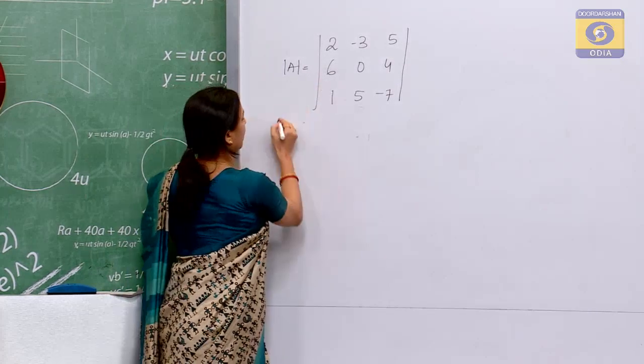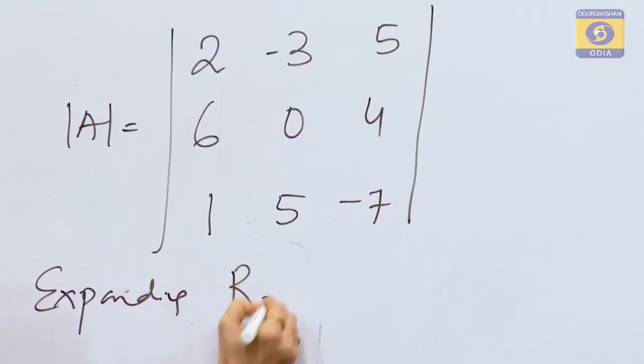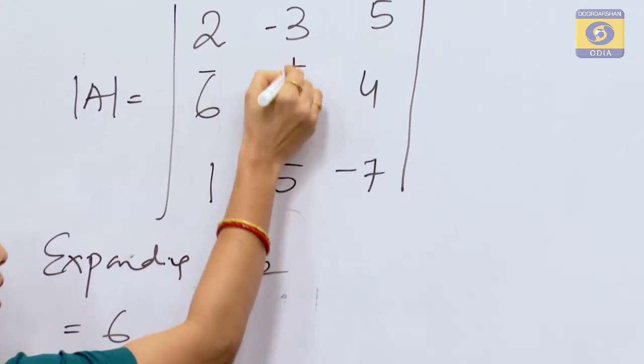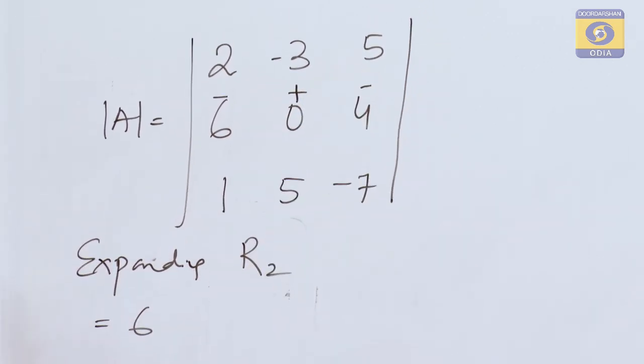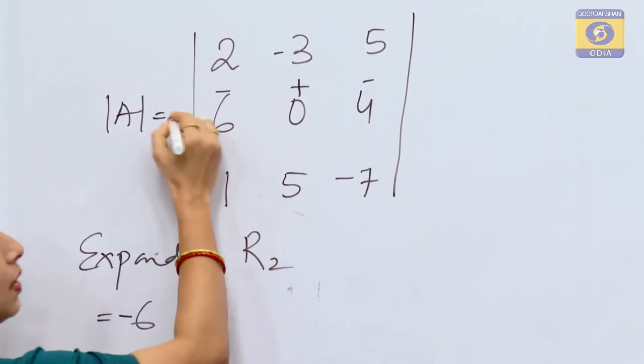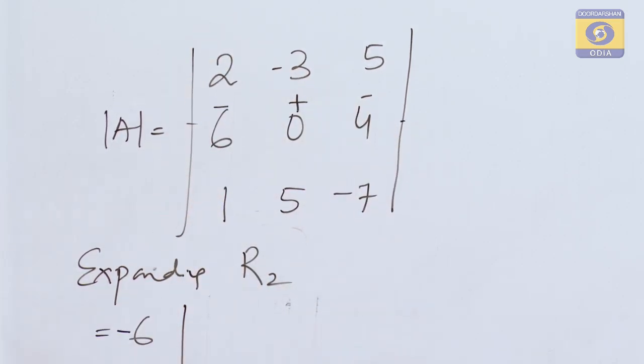So, if I expand row 2, right. Now, row 2 means you have to be careful with the positional signs. So, this is minus, this is plus and this is minus, right. So, minus 6, the element, and the determinant I have told you to delete the row and column in which the element exists.